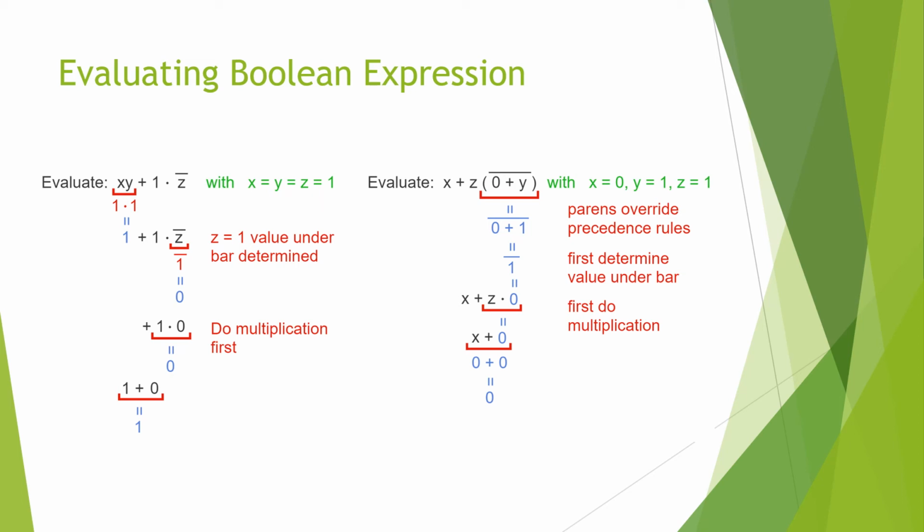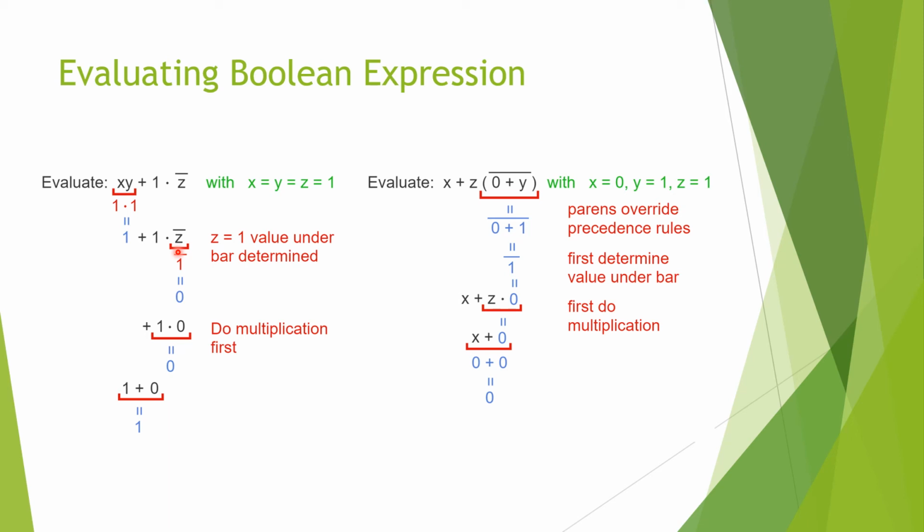So obviously the multiplication has a higher priority than addition, so you have to first multiply x and y and then add it with the result of the other multiplication. So 1 times 1, which is x times y, is equal to 1. So you replace x times y by 1. And then you write the rest of the expression, which is plus 1 times z bar. Also, it's important to note that complement has a higher priority than multiplication, so you have to first apply the complement on z.